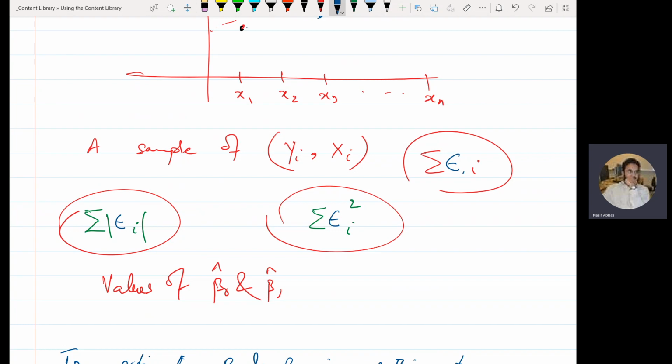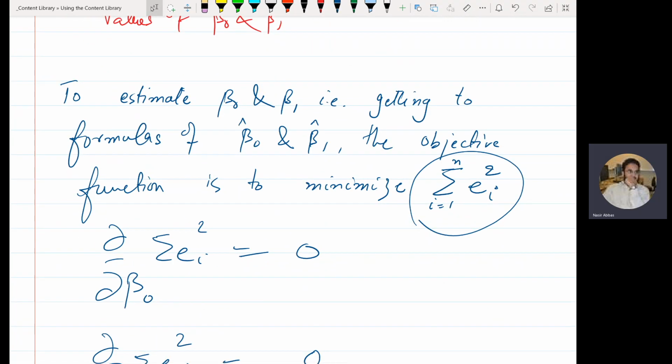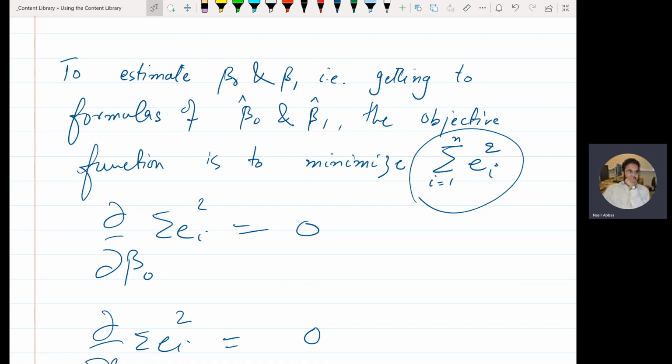We call it the sum of squares of errors. Now to estimate these and get to the formulas of beta naught hat and beta 1 hat, the objective is this. Not something significant, but conceptual: you have to minimize the summation of epsilon i squared, and not the epsilon i squares individually.